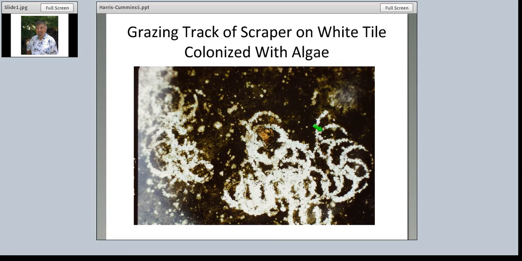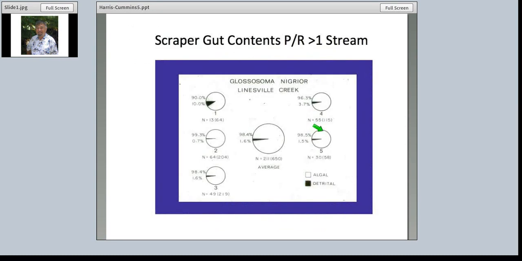Notice that the grazing paths are circular. This makes some evolutionary sense because for these animals, the world is in fact flat, and you can fall off the edge, and it's probably better to maybe do a little overgrazing but stay on the rock. The next two slides actually show some examples for that particular stone case caddisfly that's shown in the slide before.